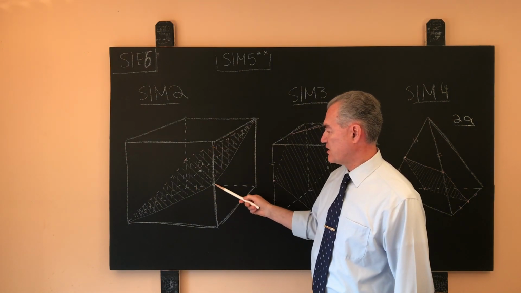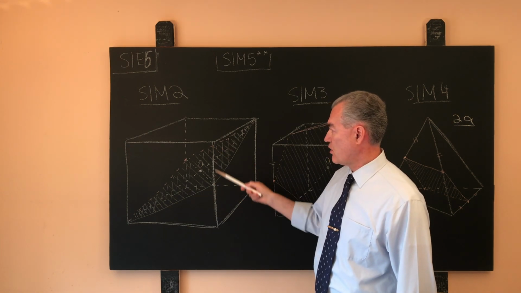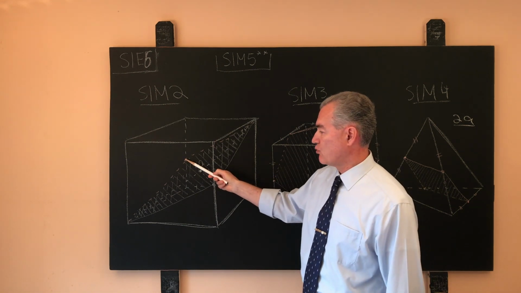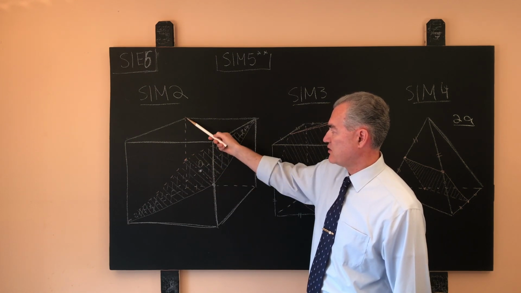In other words, this point is displaced from the corresponding vertices of the cube by exactly the same distance as this point is displaced from the corresponding vertices of the cube.